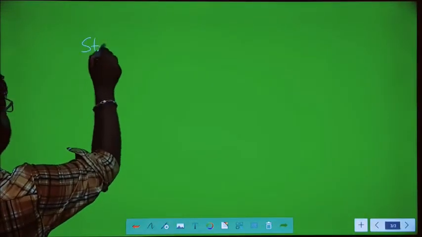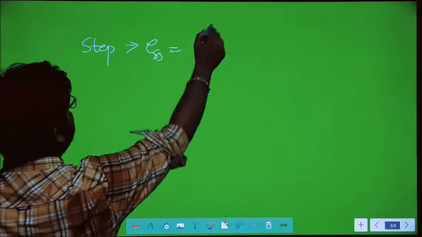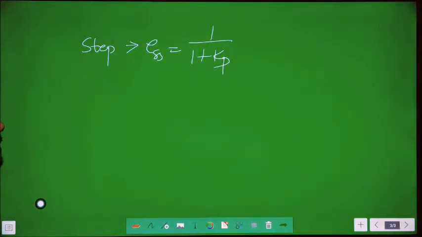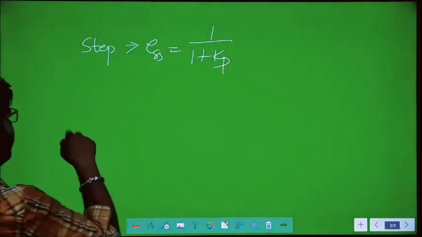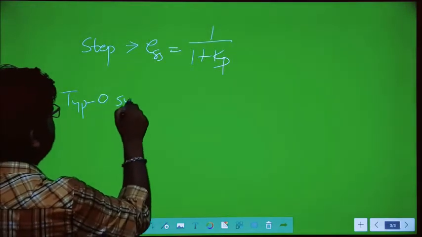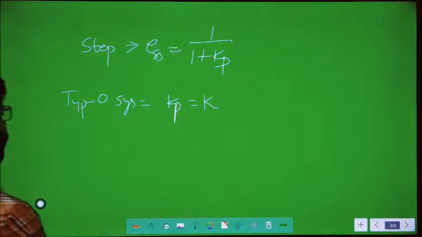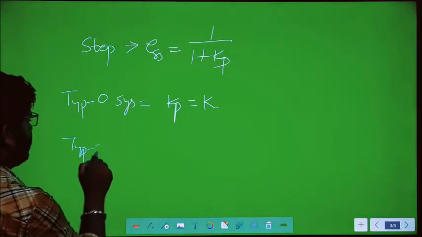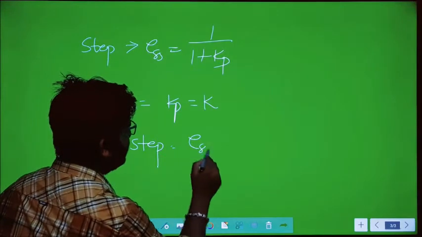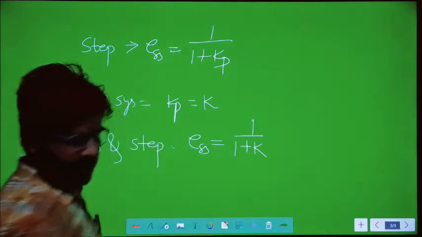Clear? So once we found this, we know that for step input, we have found that ESS is nothing but 1 by 1 plus Kp. This formula we have already seen in the last video, and here for a type 0 system, we have found Kp is nothing but some constant K. So for a type 0 system and step input, we have found ESS is equal to 1 by 1 plus K. Clear?